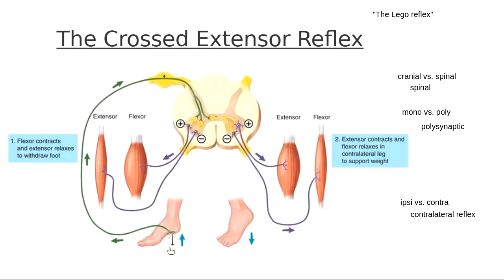But if we want to be a little less gruesome here, let's imagine that this is a little Lego down here. When you start to step on that pointy edge of the Lego, we realize very quickly, I do not want to step on this. So the first thing I need to do is this foot that was stepping on the Lego, we need to lift this foot up. We want to make sure that I don't step all the way down on that because, man, put your whole weight on that, terrible.